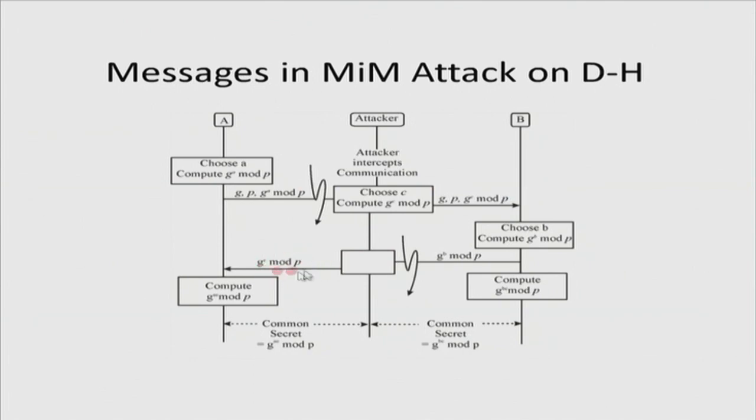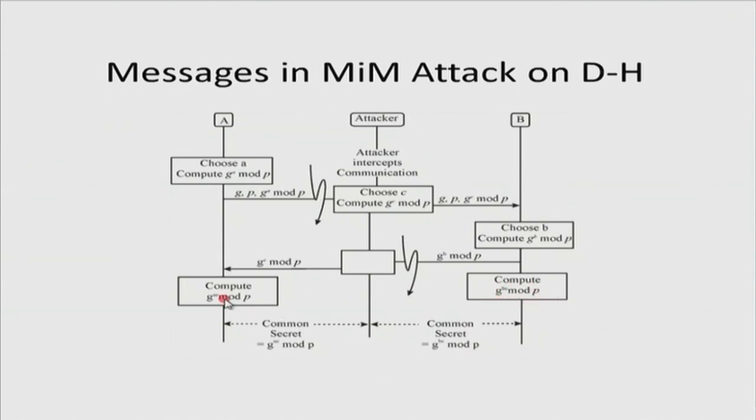So she takes g raised to c mod p and raises it to the power of her private key, so she gets g raised to ac mod p. And he does exactly the same thing at that end. He computes his secret as g raised to bc mod p.